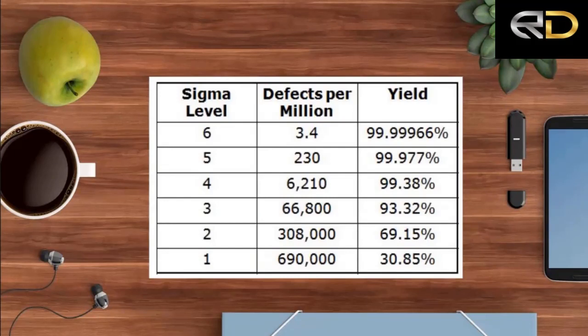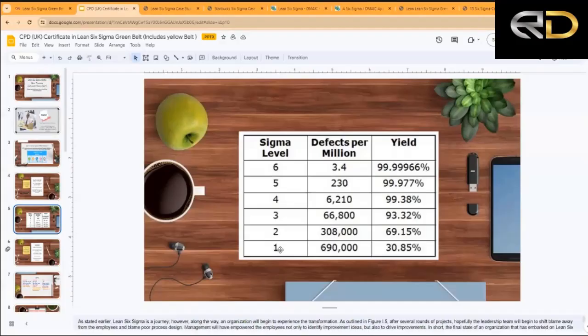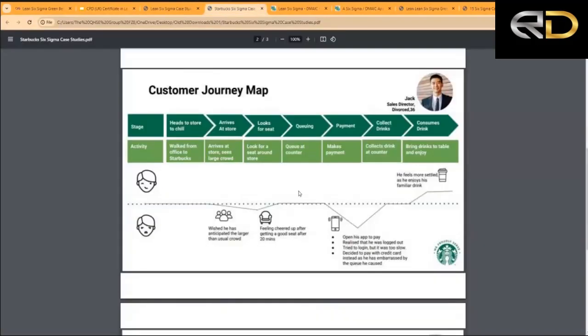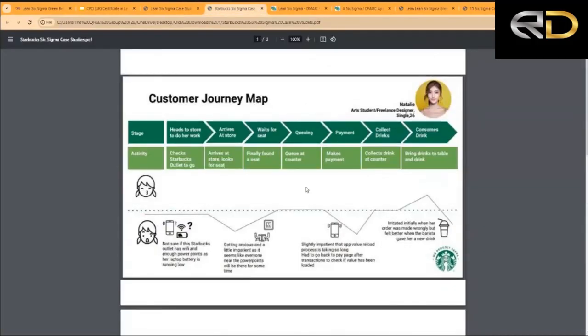So we need a Z table like this. So what exactly does this Z table mean? Well, what it means is that, let's say we are at sigma level 1. What does sigma level 1 mean? For example, let's say right here, sigma level 1, it means that if a process is being repeated here, how many defects, or inefficiencies or mistakes basically, are going to happen.